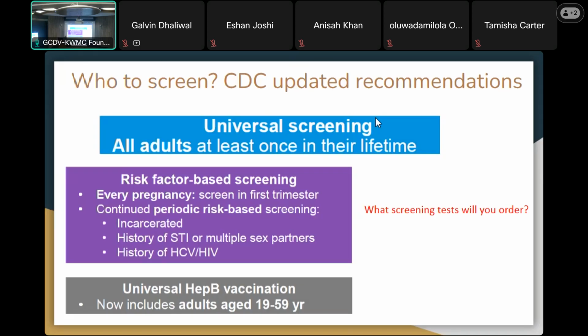So question, what screening tests will you order? You don't order everything. What are the specific screening tests? It's okay to be wrong, just guess. Okay, that's one. There's two more.